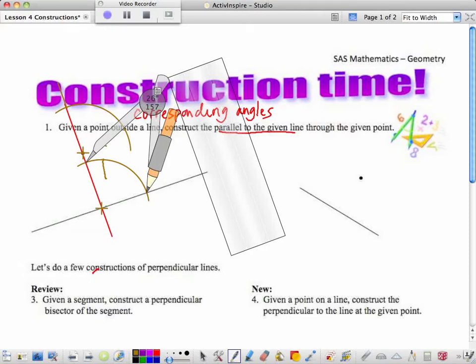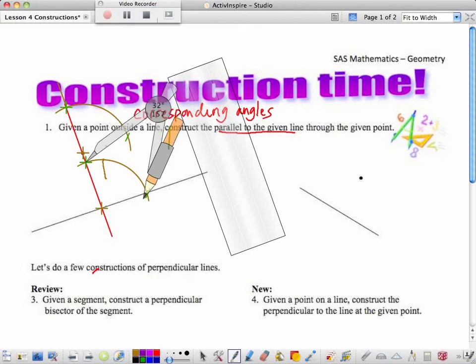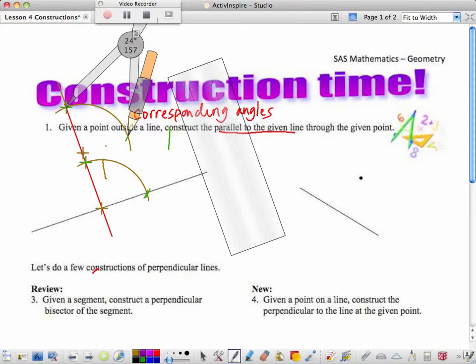And if I replicate that, so I'm going to go up here to where my arc intersects my transversal, just as it was here, and I'm going to make that same length, that same, how far is that angle opening, oops, sorry I messed that up a little bit, I changed mine, so I go up here, I can see it's the same.